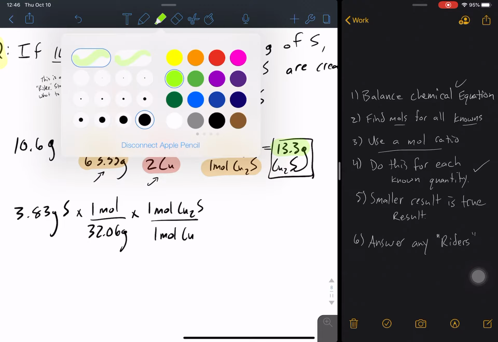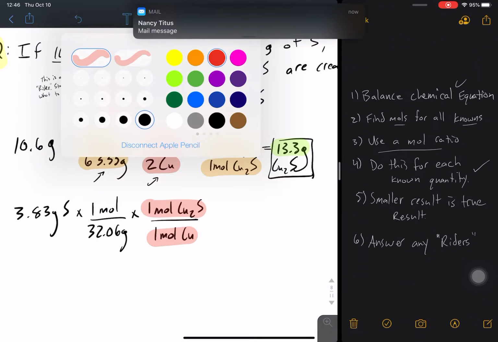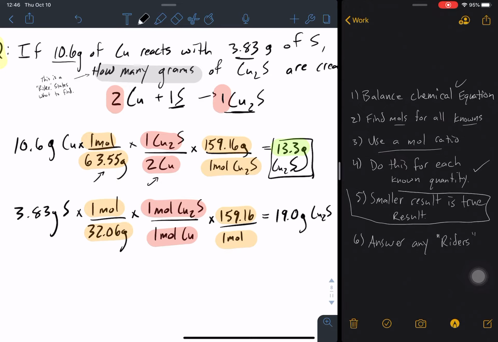So this is our mole ratio. This is getting things into moles. And then finally, we need to get this into grams at the end. Now, luckily, at the end, we're getting into the same product, so it's still the same number. We don't need to do 2 molar masses there. And one more time, that is our molar mass calculation, and the answer should be 19.0 grams of Cu2S.